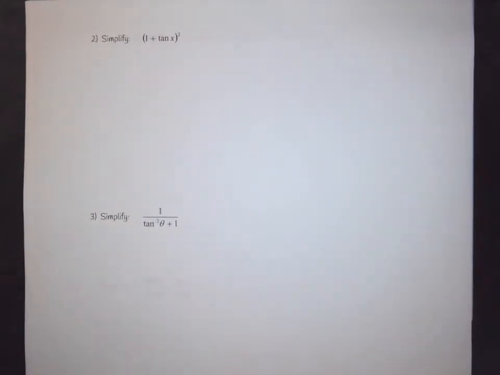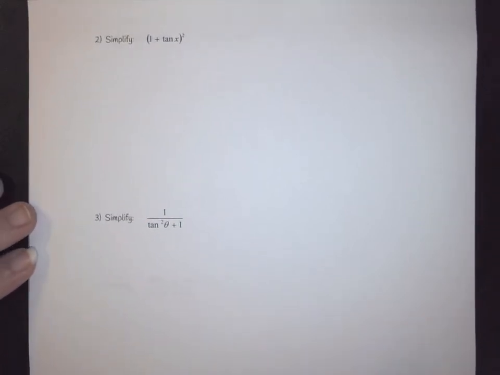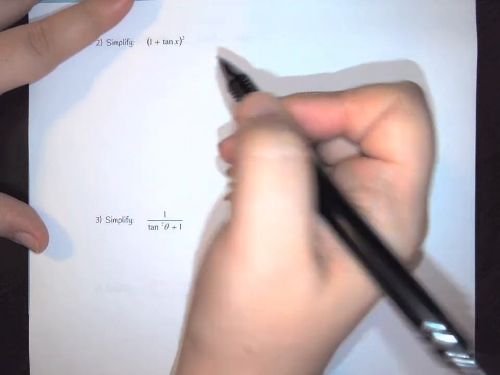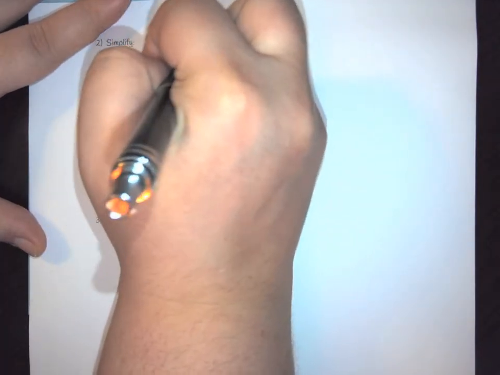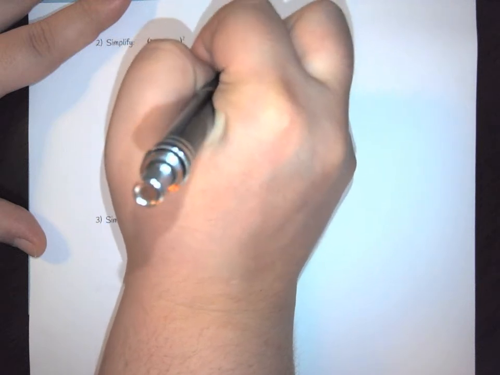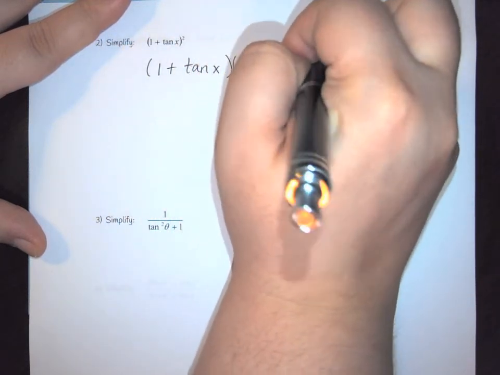So let's look at another example here. So I have 1 plus the tangent, squared. This is the same as in algebra. Whenever you have 2 binomials squared, remember you have to FOIL. So what we really have here is 1 plus the tangent of x times 1 plus your tangent of x.